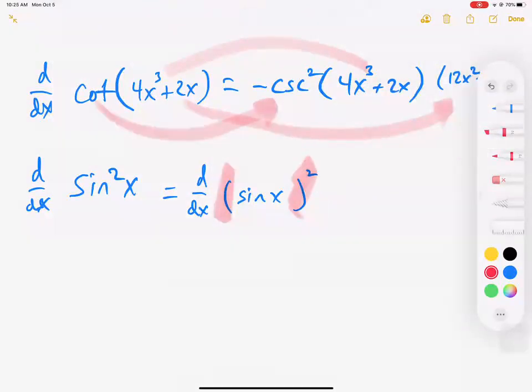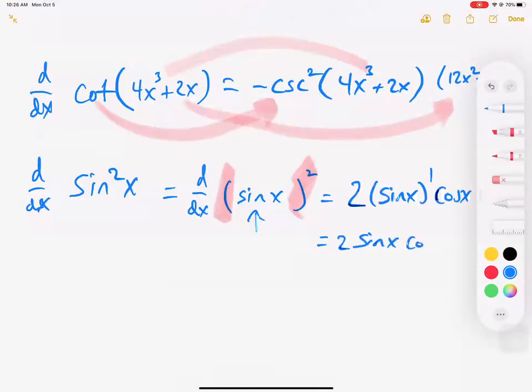So power rule gives 2 sine of x to the 1 power. Leave the inside alone, followed by the derivative of the inside. What's the derivative of the inside? Cosine of x. This is 2 sine x cosine x.